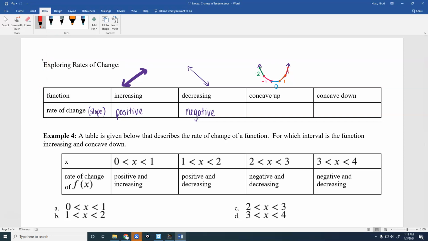Maybe that's a positive 2. As we go from left to right, what's happening to that slope? It is increasing. So if something is concave up, its rate of change or its slope is increasing. And I'm not going to draw the picture for concave down because we're running out of time, but that would be decreasing.